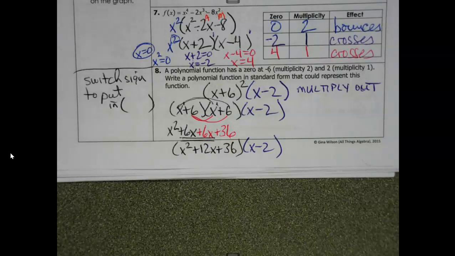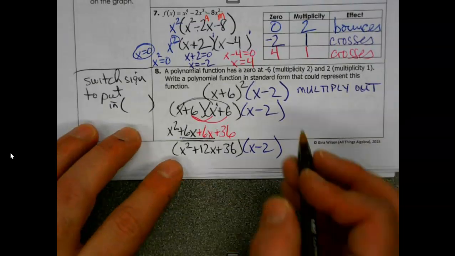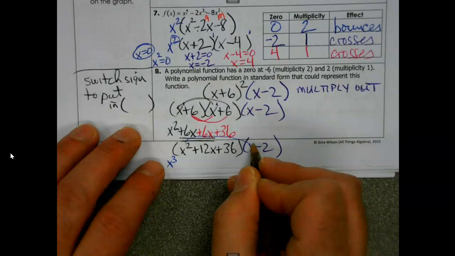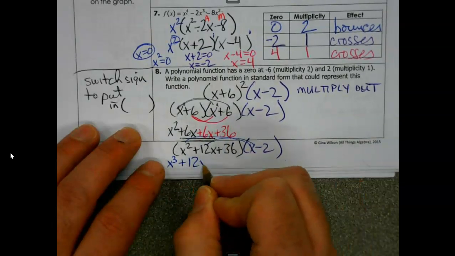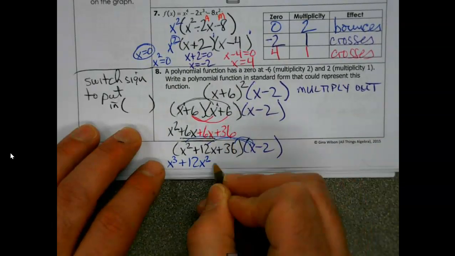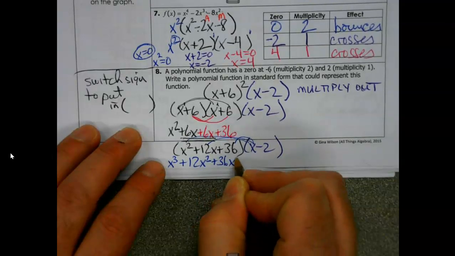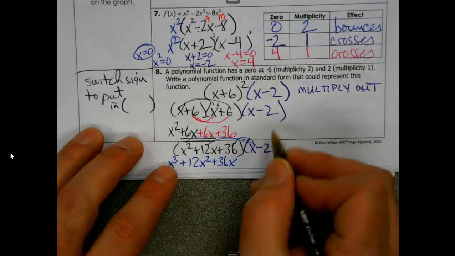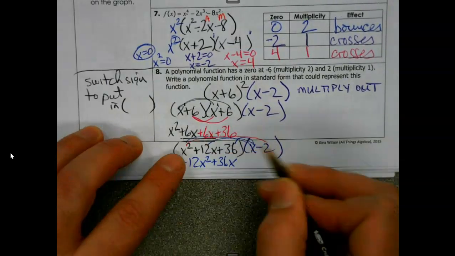You can decide how you want to do your distributing. I like doing smaller to larger. So I'm going to distribute the x. I'm going to add an x to each of these. And then I'm going to do the same thing with my -2 all the way through.